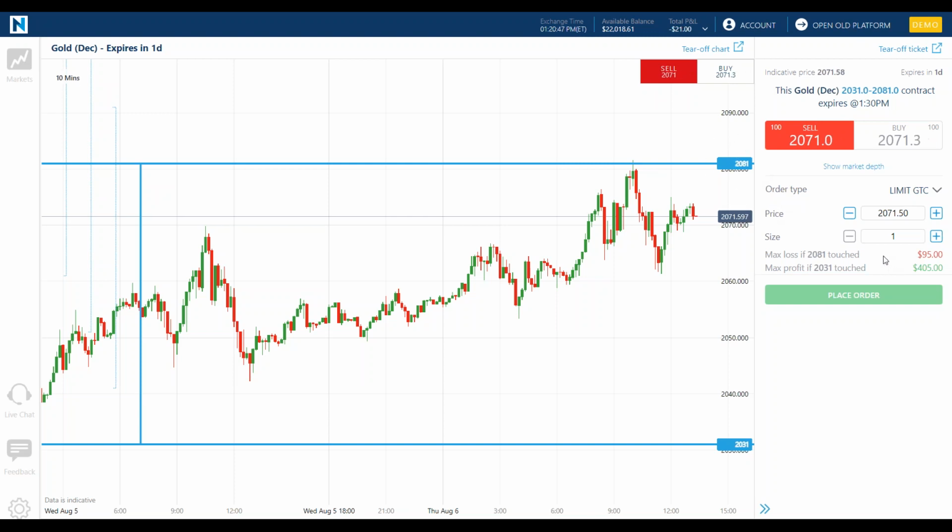I can't lose any more than $95. But if gold were to turn around and trade lower, and it made all the way down to 2031, I would get knocked out for my profit. And again, if it doesn't touch either one of these, you'll have a partial profit or loss when it settles in a day. I think I covered a lot on knockouts and binary options.